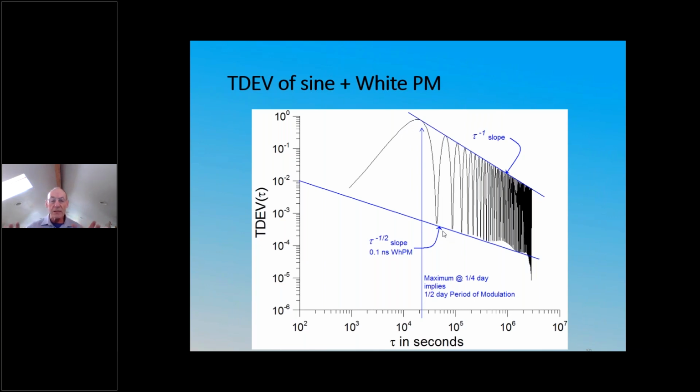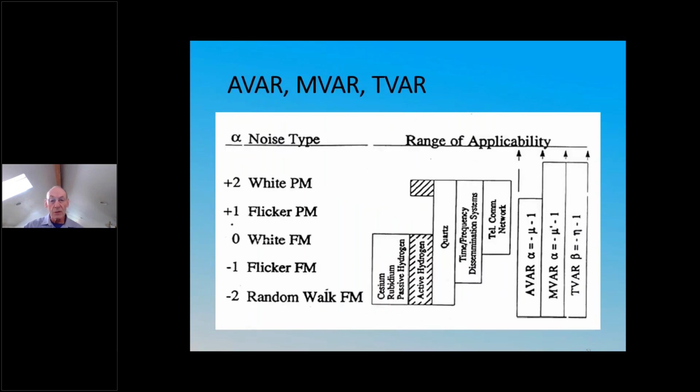Typically, if you just have white phase noise and you want to know what the periodic is, you do a Fourier transform, find where the bright line is in the Fourier spectrum, and that would give you the period. However, if you've got a pink noise or red noise, so it's not white, you can't do a Fourier transform. It gets wiped out by this red noise, and you can't see the periodic, but you can on an Allan deviation or a TDEV or a modified Allan deviation.